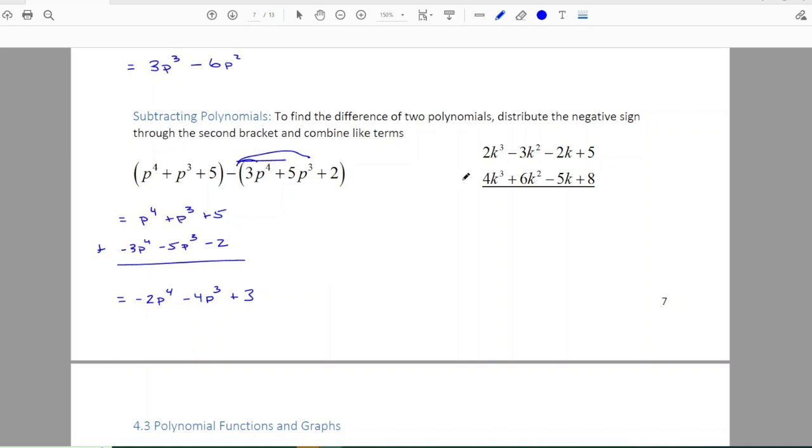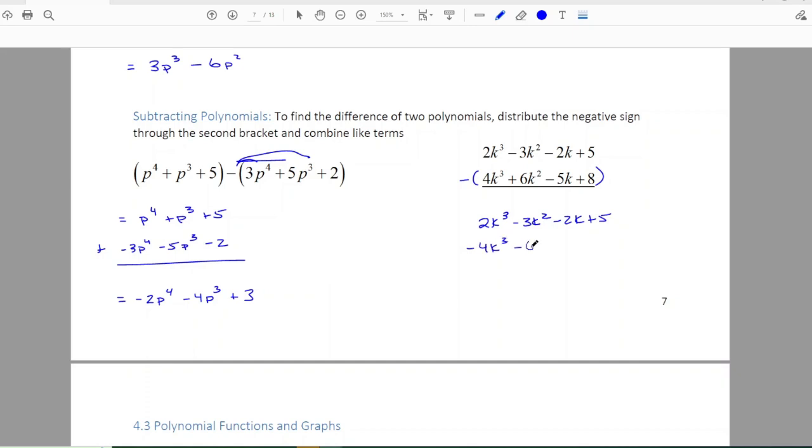When you get to a question like this one, this is asking you to subtract, but it's written in this stacked way. You have two choices. You can go through and go 2 minus 4, negative 3 minus 6, negative 2 minus 5, 5 minus 8, and you can just kind of use that sign as you go through. I find lots of people mess that up though. So if you were going to do this one, what I would do is rewrite it. 2k cubed minus 3k squared minus 2k plus 5, and I'm going to take away 4k cubed.